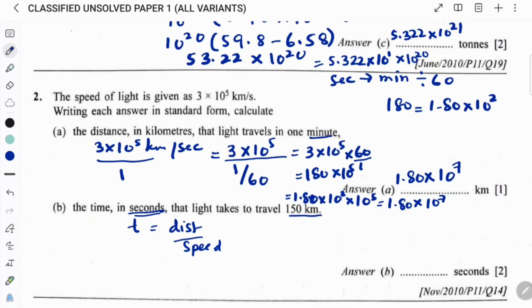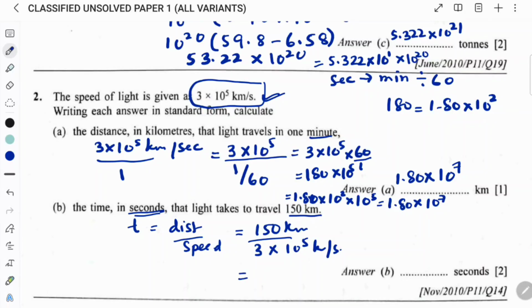Okay, kilometer per second, the same one, we'll have to use the same one because the unit says the time in second and travel 150 kilometers. So it matches with this unit. So the distance is 150 kilometers and the speed is 3 into 10 to the power 5 which is kilometer per second, and then we get the time.